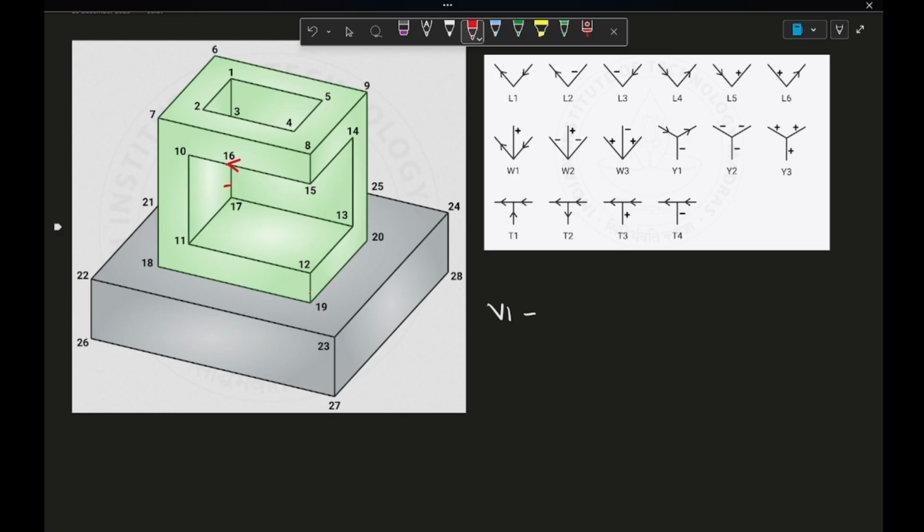Is it positive? Is it negative? Is it an arrow? I think it should be positive, like if we talk about a box like this.